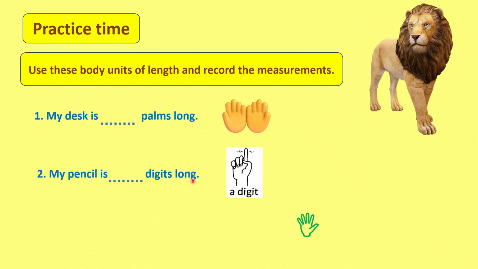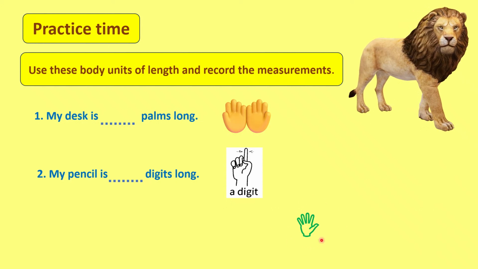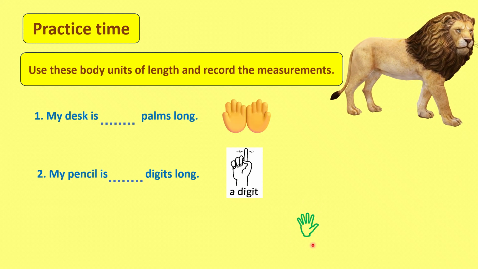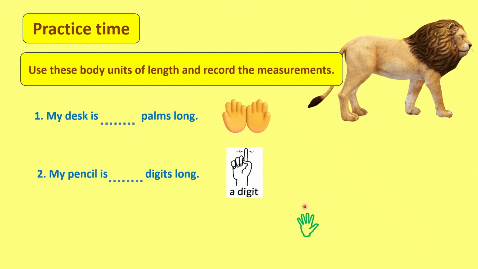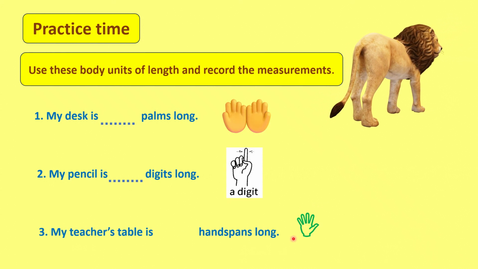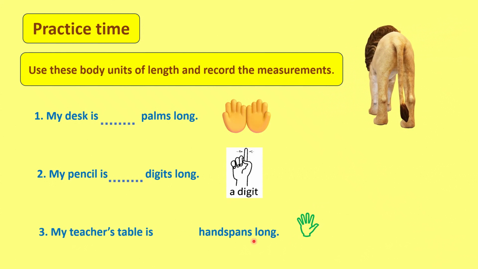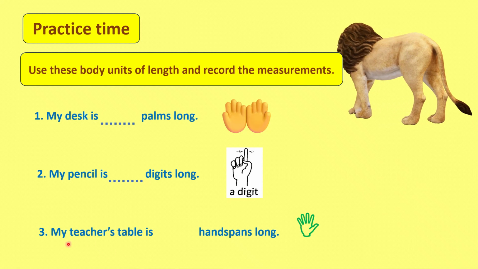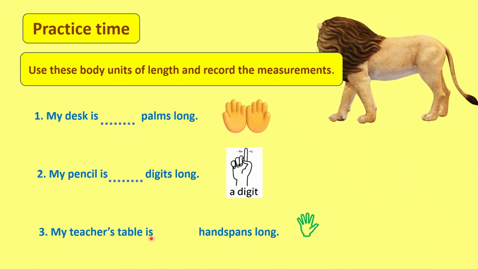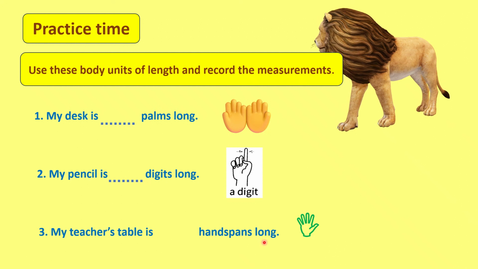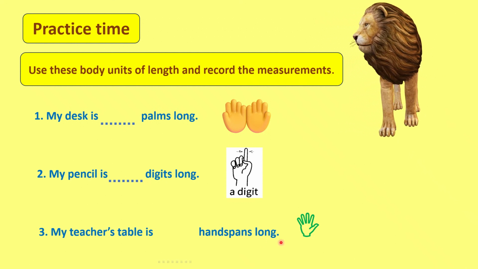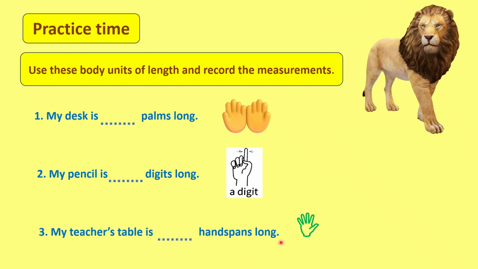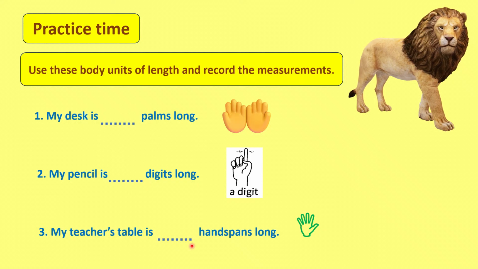And what is that? Yes, definitely, it's about a hand span. We use our hand span to measure a teacher's table. My teacher's table is a hand span long. We have to again fill the blank with our answer.